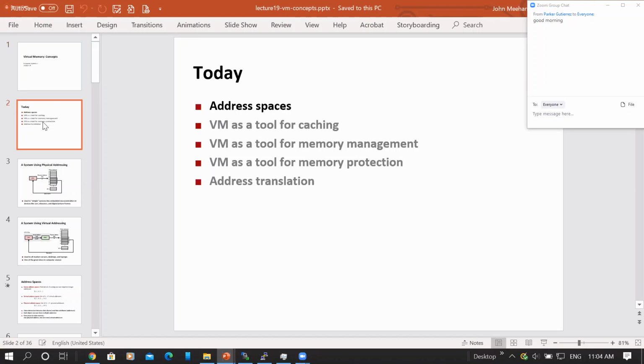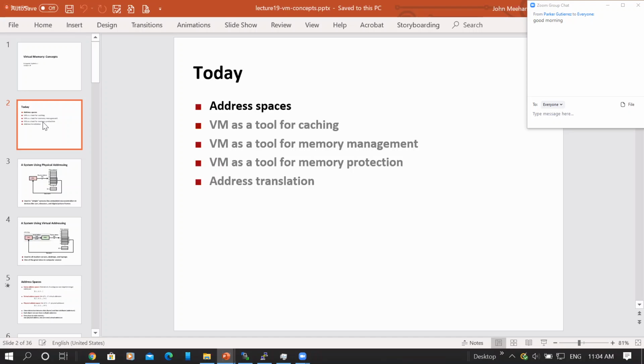Virtual memory solves a whole bunch of problems for us with one solution. So we get to kill a lot of birds with one stone here. That's one of the interesting, neat things about employing virtual memory on a computer system: it is a tool that simplifies or solves a lot of different issues we have to deal with. So we'll see that as we go along.